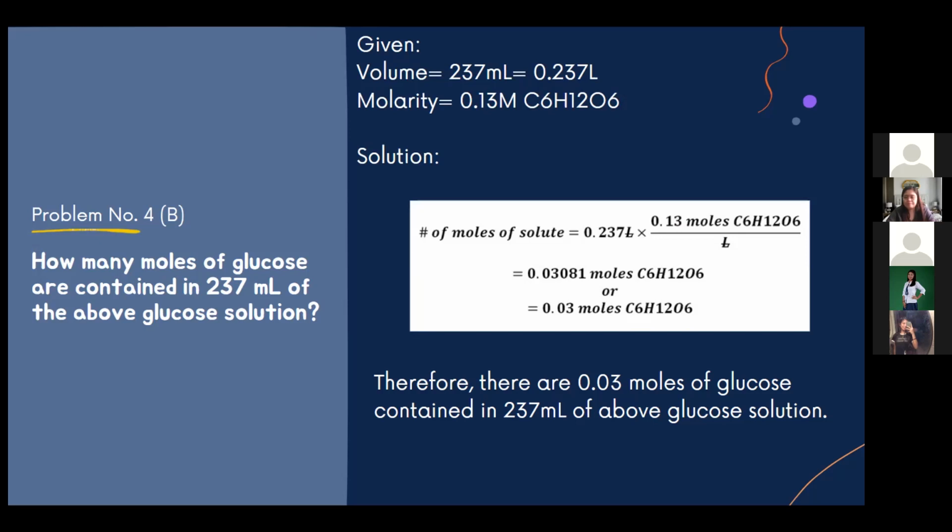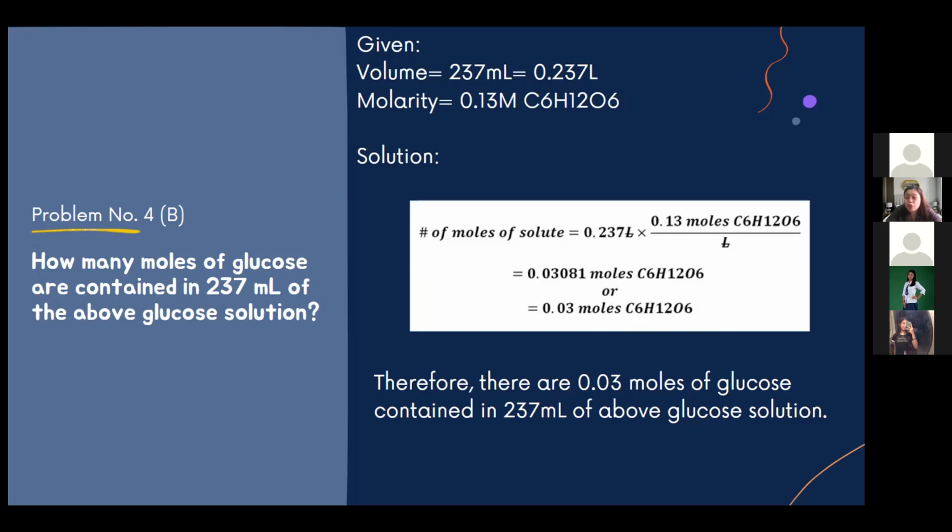So 0.13 moles over L multiplied by 0.237 liters is equal to 0.03081 moles, or equal to 0.03 moles. Therefore, 0.03 moles of glucose are contained in 237 ml of the above glucose solution.